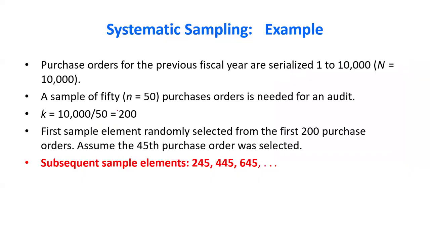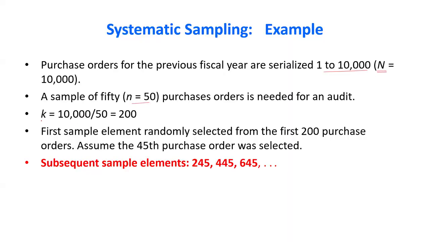Okay, so this is an example. Purchase orders for the previous fiscal year are serialized from 1 to 10,000. All the previous fiscal year purchase orders have been collected and ordered serially, and there are around 10,000 such orders. So the total size of the population, capital N, is equal to 10,000. Now I have to generate a sample of size n equal to 50 for auditing purposes.